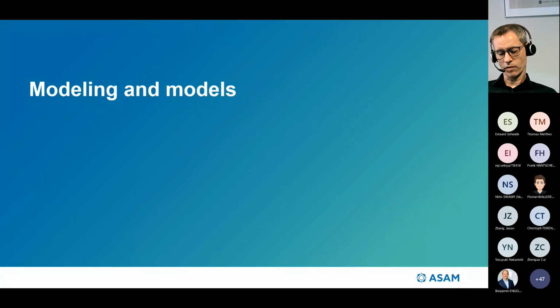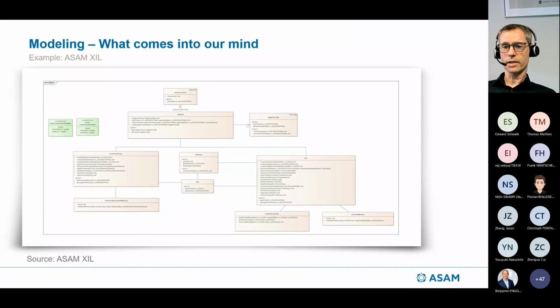So let me just give you a short introduction into the fundamentals of modeling and models. When we talk of modeling and models, probably something like this comes to your mind. I took a UML class model from the ASAM XIL standard. When you think about a model, it has some kind of class model with rectangles and lines in between.